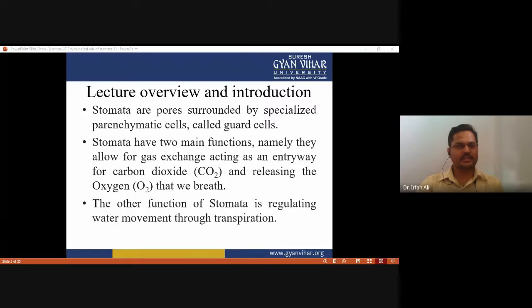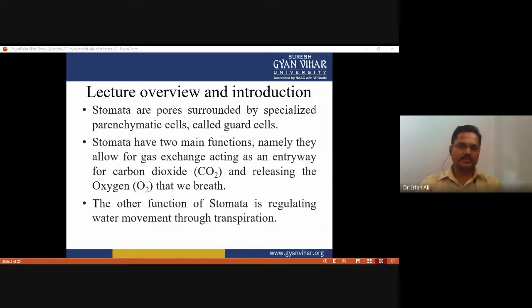Okay, so this is the first thing which you need to remember. There are guard cells which surround the pores, and these are specialized parenchymatic cells. Stomata have two main functions.